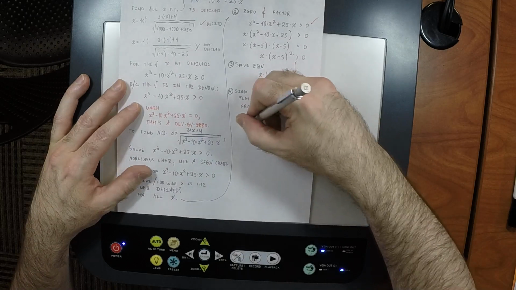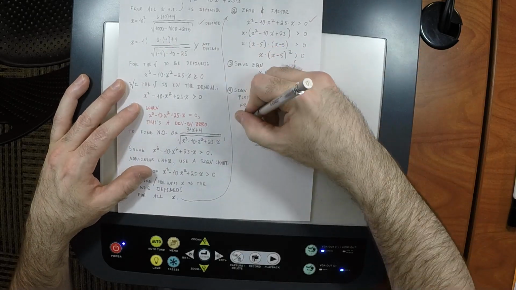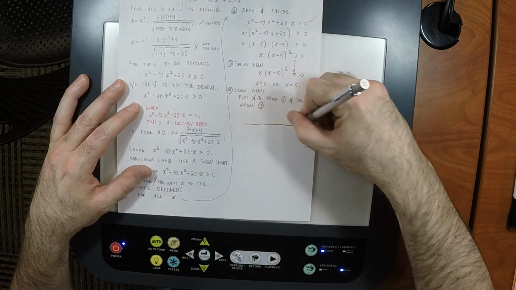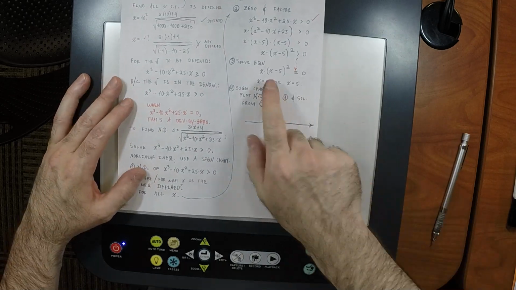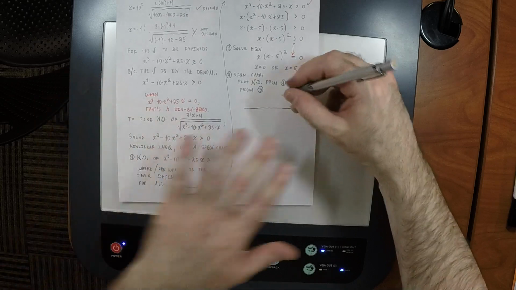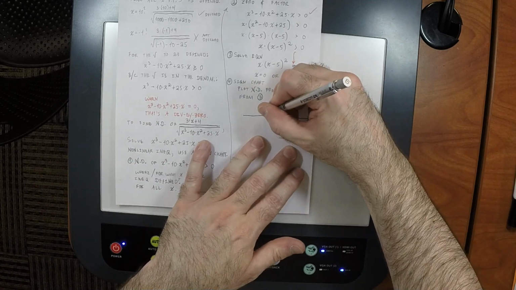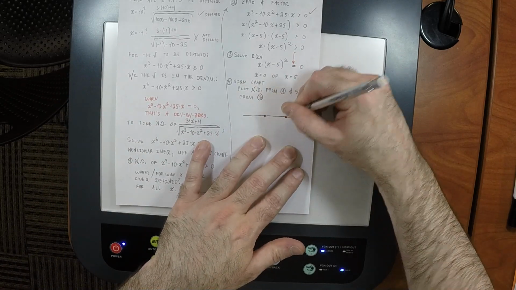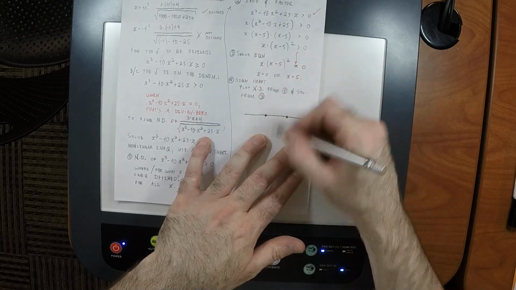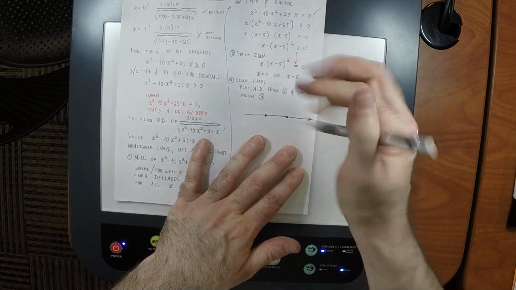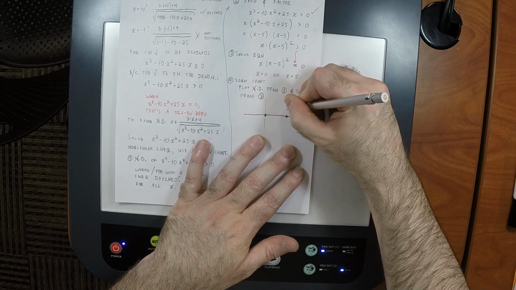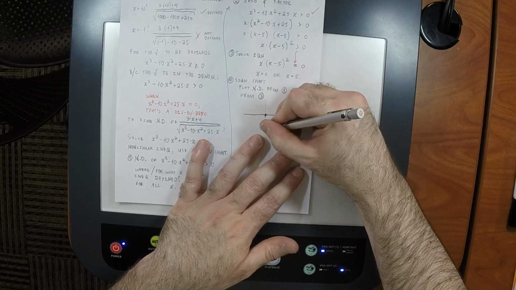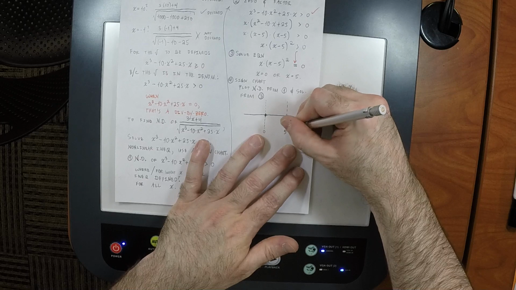The natural domain was everything, so fine. And then we found 2 solutions, so here are these 2 solutions. And now, to visually separate stuff, I'm going to put some fence posts here. So 0 and 5.